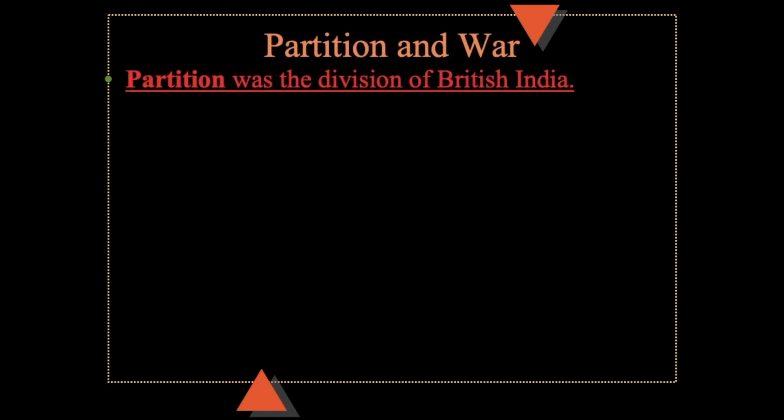So, partition. They had the division of British India. What happened was when we were done with the Raj, which, if you remember, was a 90-year British occupation of India, they basically divided it up and said, okay, here's West Pakistan, here's East Pakistan, here's India.